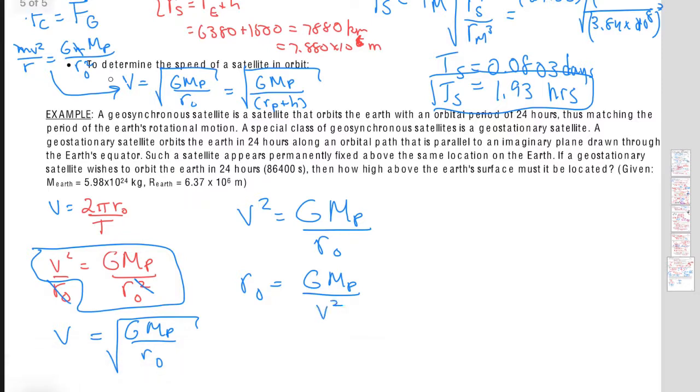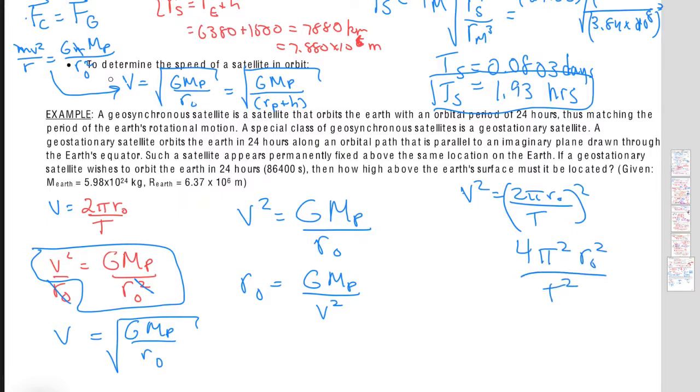If I square V, this 2 pi R_O over T, I end up with 4 pi squared R_O squared over T squared. I take that and plug it in there and do a little bit more algebra. This algebra does look like it's going to get messy.